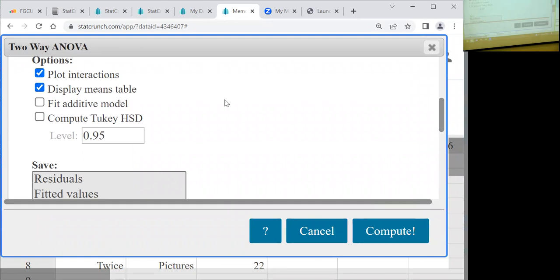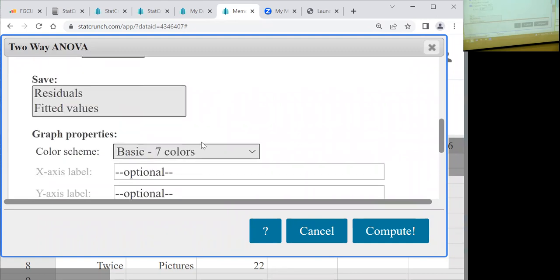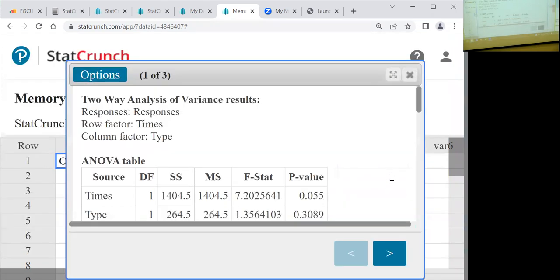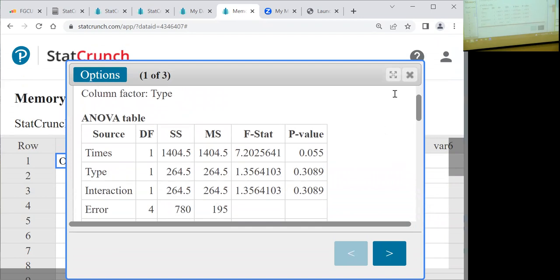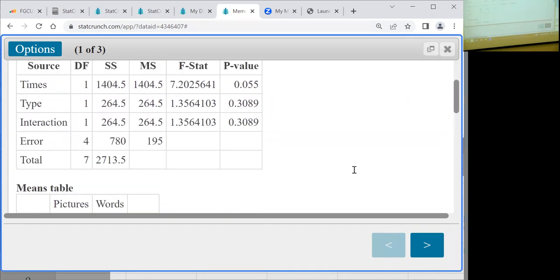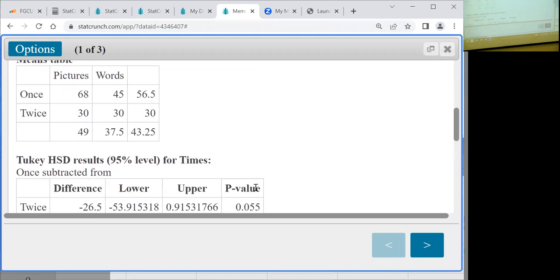Let's select display means. Let's select Tukey HSD. I don't think your book is doing it, but that's okay. Those are the numbers that we have, and I'll explain what those are.